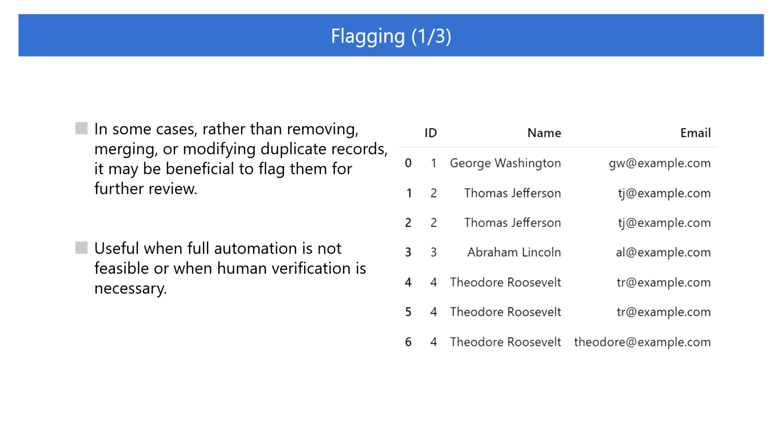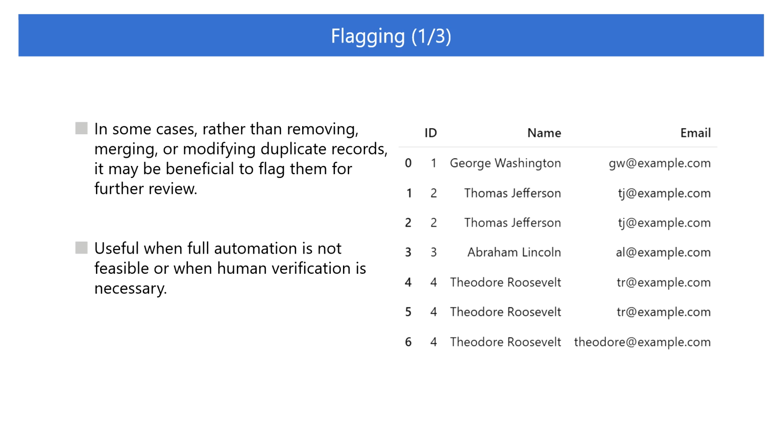In some cases, rather than removing, merging, or modifying duplicate records, it may be beneficial to flag them for further review. This approach is useful when full automation is not feasible or when human verification is necessary. For example, if a customer database contains similar but not identical records, automatically modifying or merging them could introduce errors.